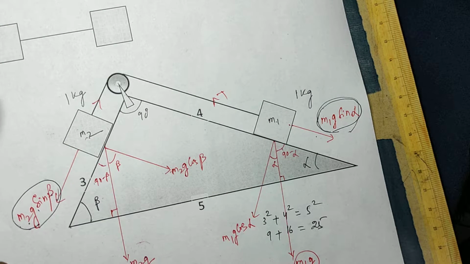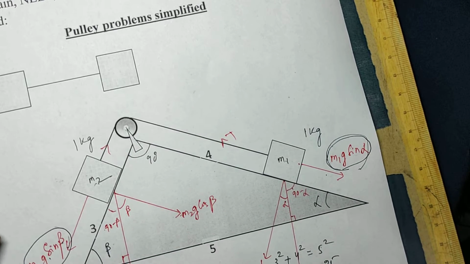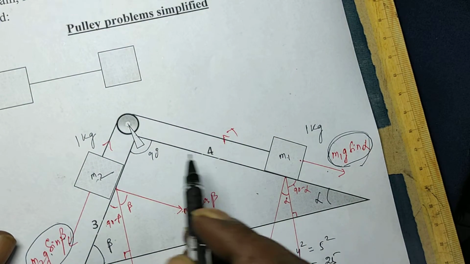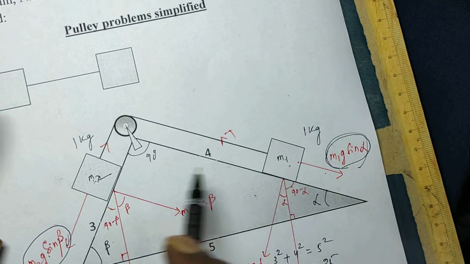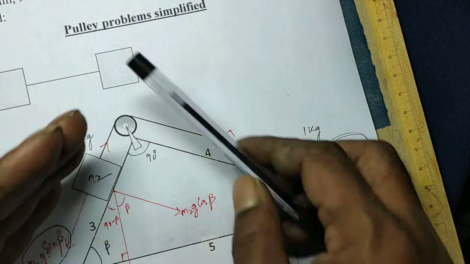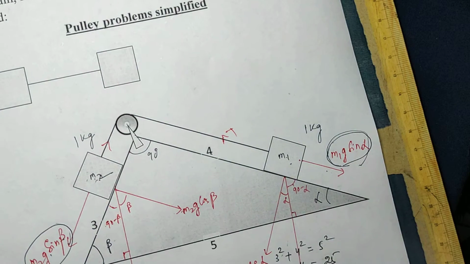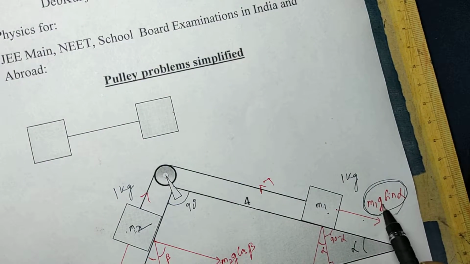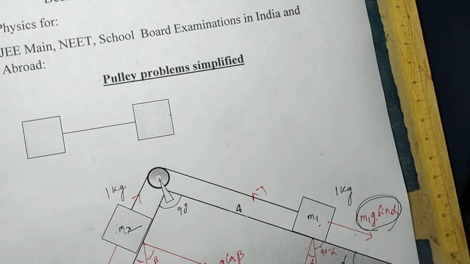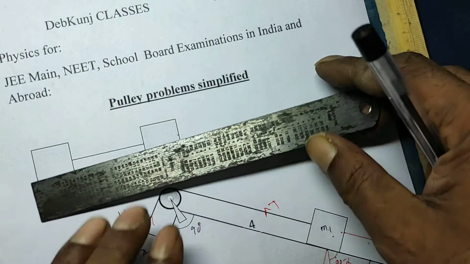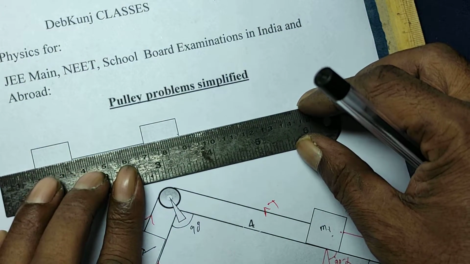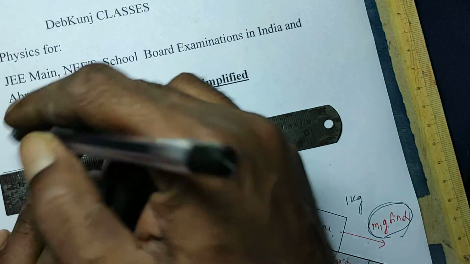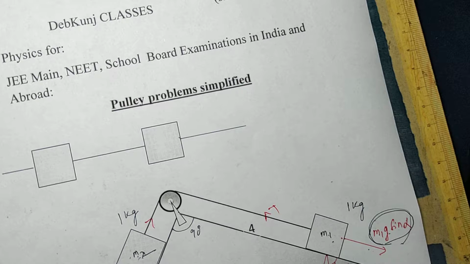And if you look at my previous videos, I have explained the acceleration. If you can consider these two horizontal like this, from this point, your M1g sine alpha is to this side, and your M2g sine beta is to this side.